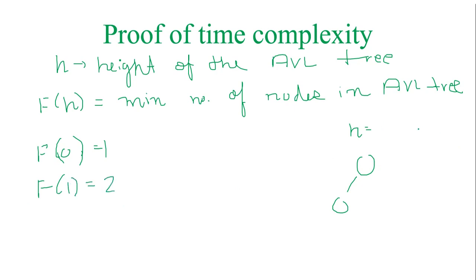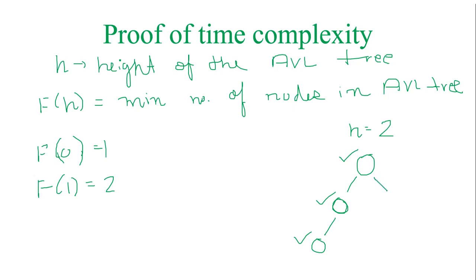Now let's see what will be the minimum number of nodes when h is equal to 2. This node can have one node. But if you see, this node is balanced, but to follow the properties of AVL tree, this node should be balanced.